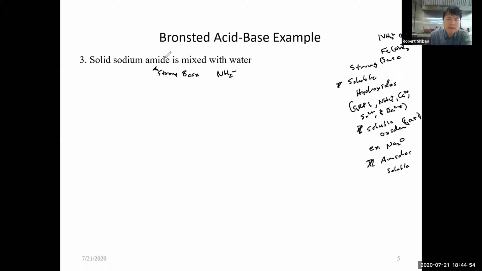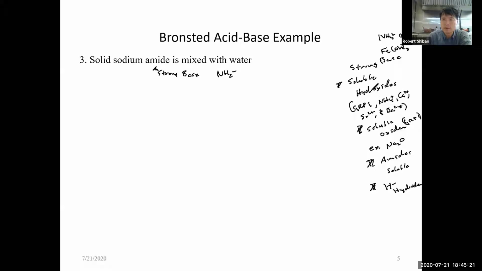So amide is not that common, so a lot of people don't know what amide is. There are other strong bases like hydrides. Hydrides are strong bases. These are H minus, it's just hydride. And methide is so rare. Even though methide's on the chart, these are much more common.